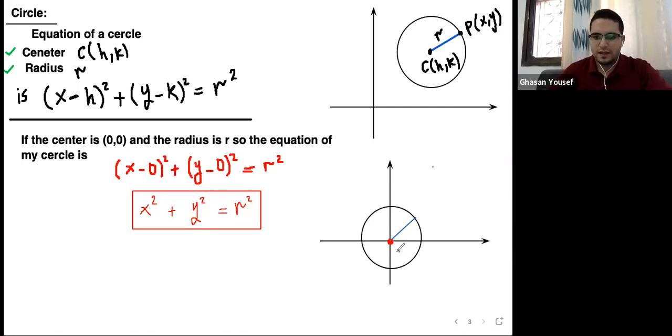So here I can say C is (0, 0). And the red one is the radius. Radius is a distance. Here is r. Make sense?